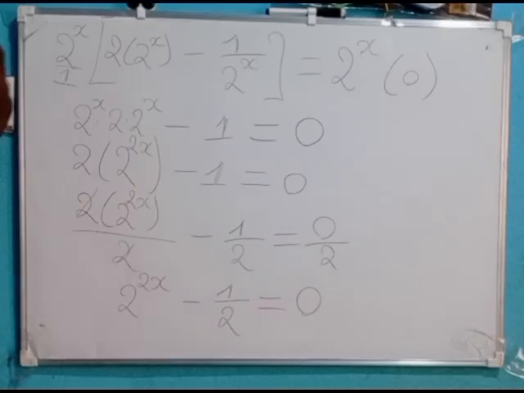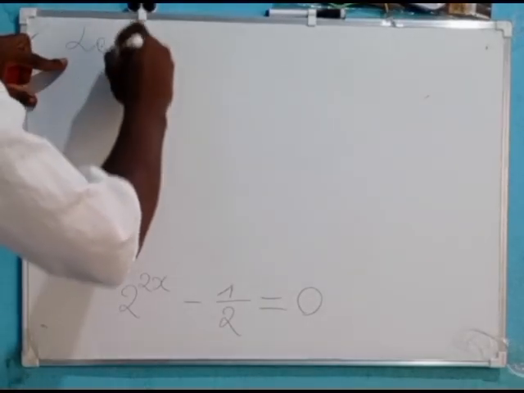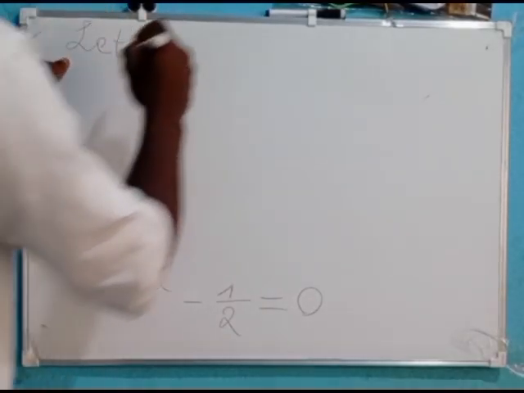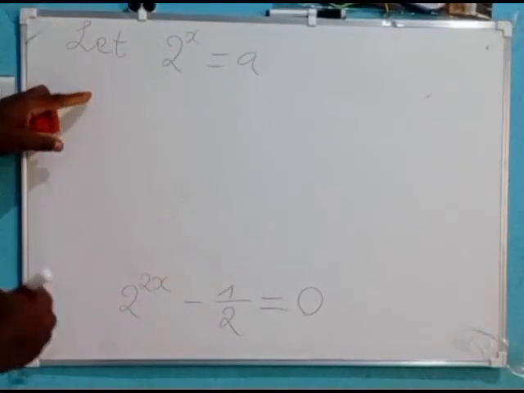At this level, we are going to let 2 raised to the power x be equal to any unknown which is different from x. We can let it be equal to a. We are going to say let 2 raised to the power x be equal to a.